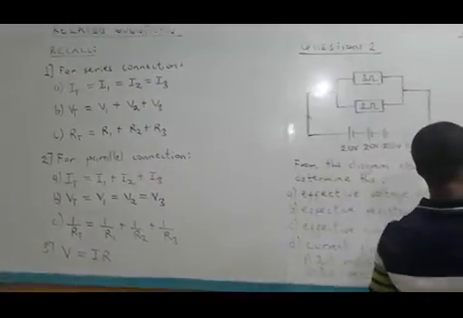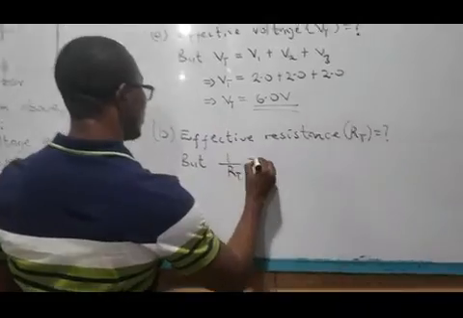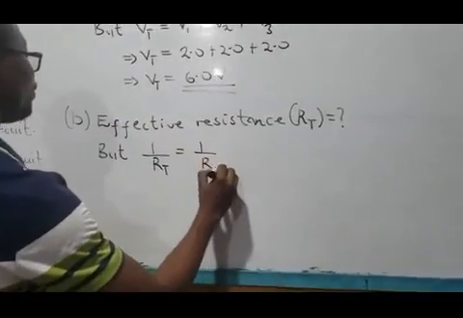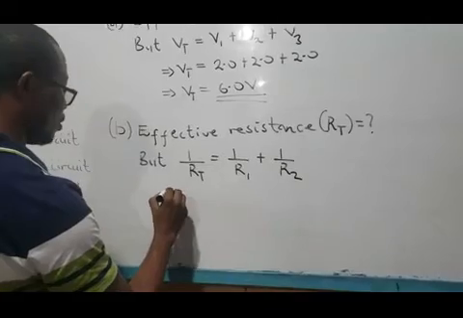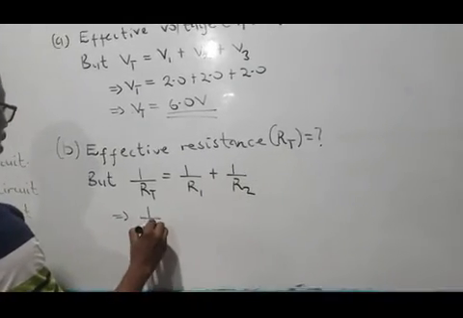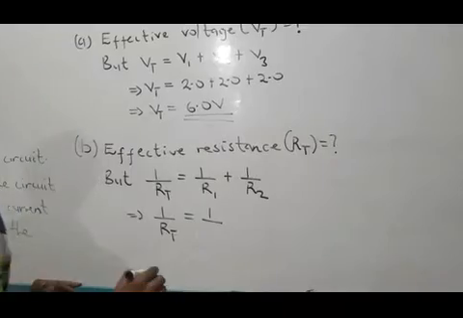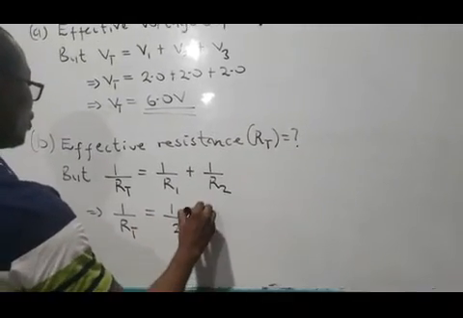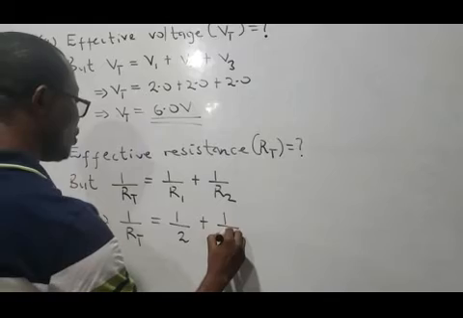Here, you only have two resistances. So 1 over RT is equal to 1 over R1 plus 1 over R2. So you have 1 over RT equal to 1 over R1, it is 2, plus 1 over R2, it is 3.